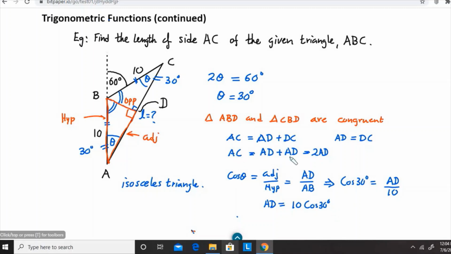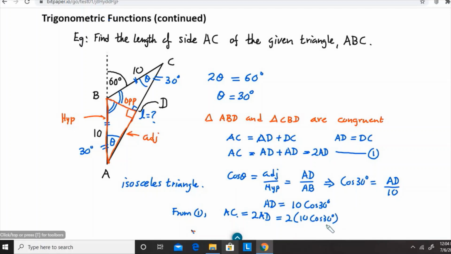Now from this equation, let me call that equation number 1. From 1, I get AC is equal to 2 times AD, which is 2 times 10 cosine 30 degrees.